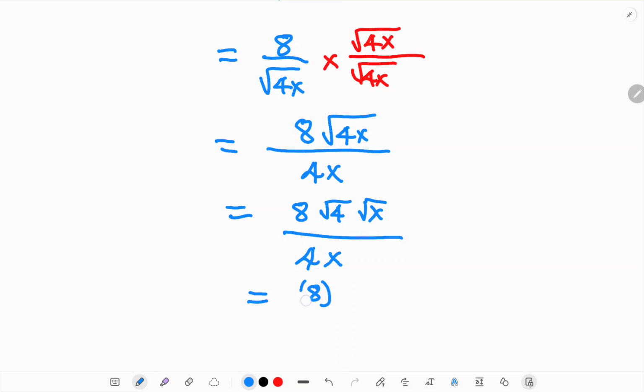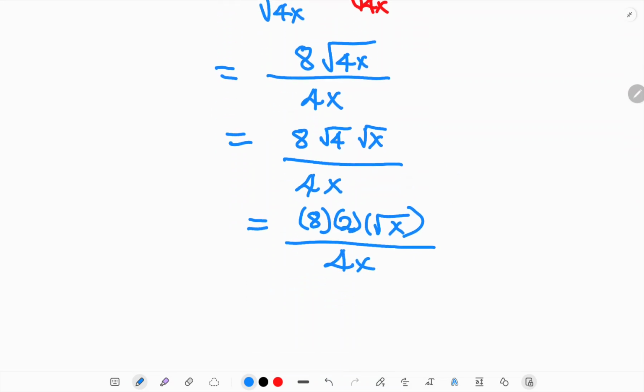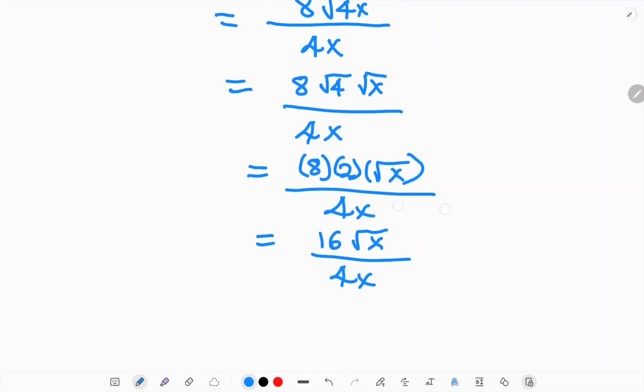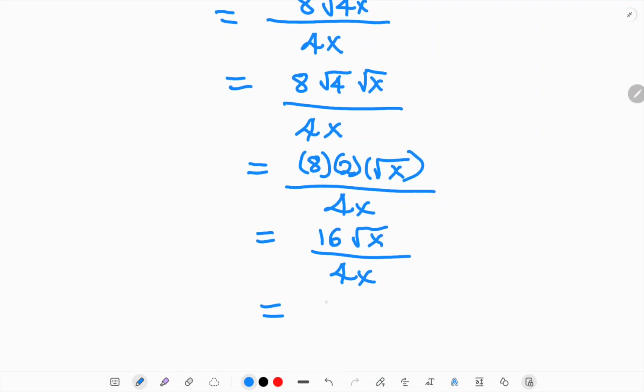This is 8 multiplied by 2 multiplied by root of x over 4x. Then you will see that this is 16 root of x over 4x. Then this simply becomes 4 root of x over x. So that's the simplest form for this problem.